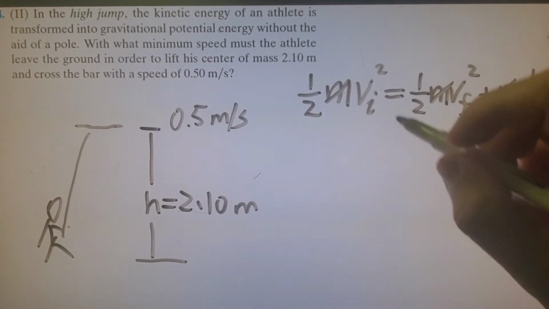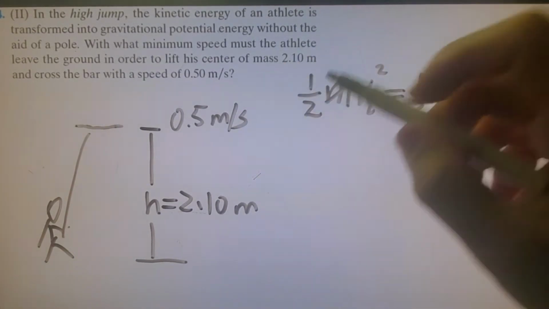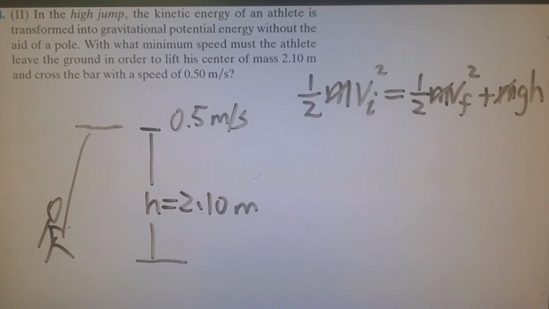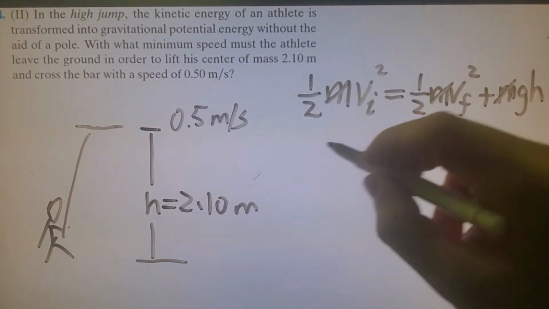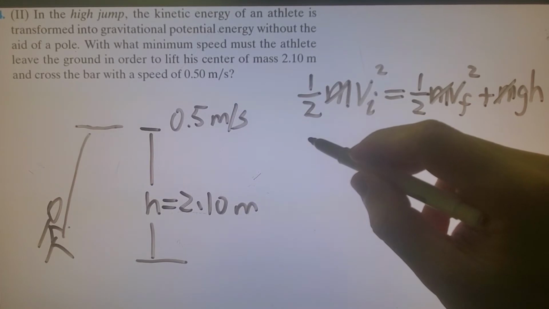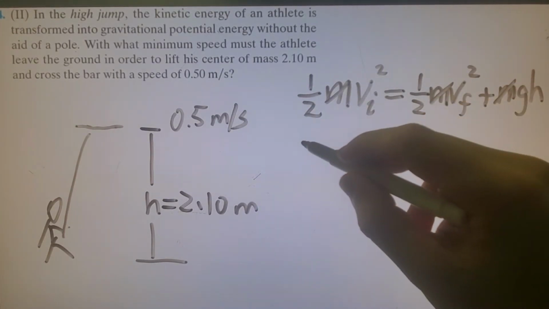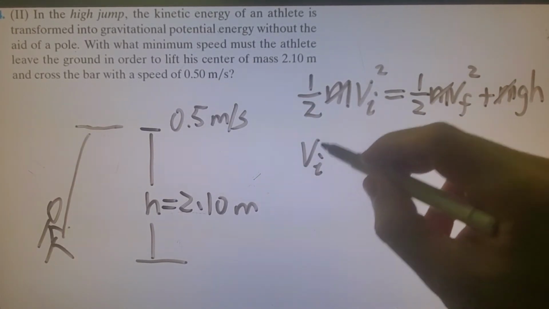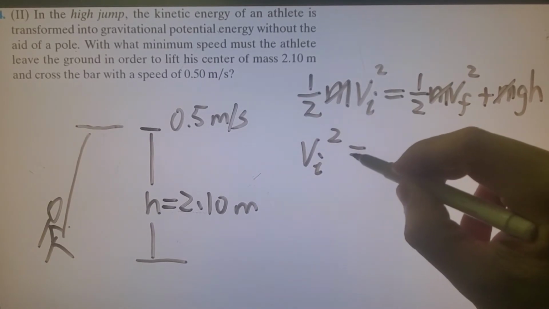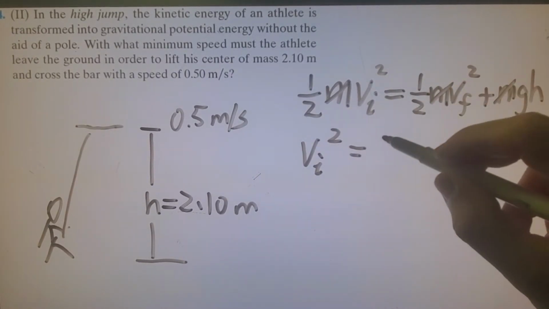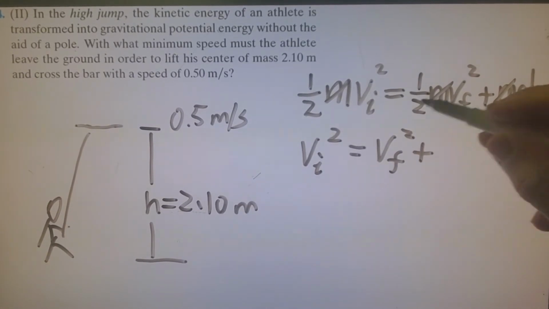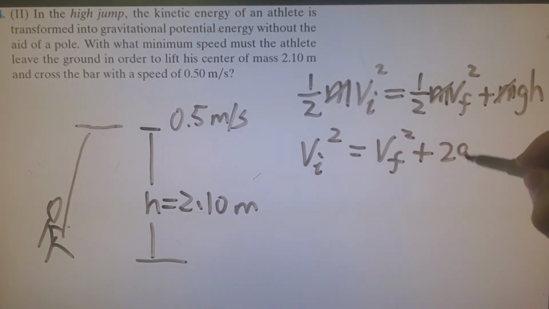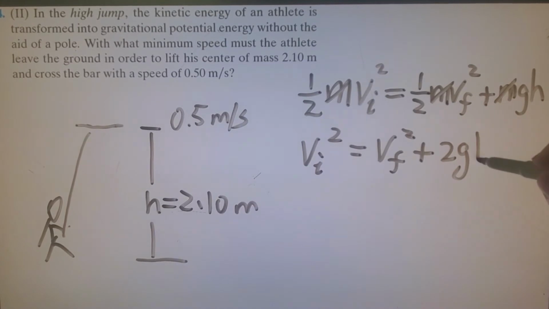Now I want to solve for v initial. I'm going to isolate it by multiplying both sides by 2. So v initial squared equals v final squared plus 2 g h.